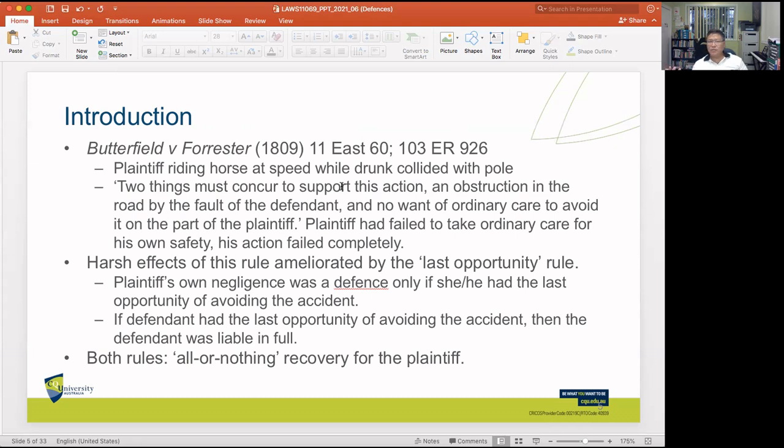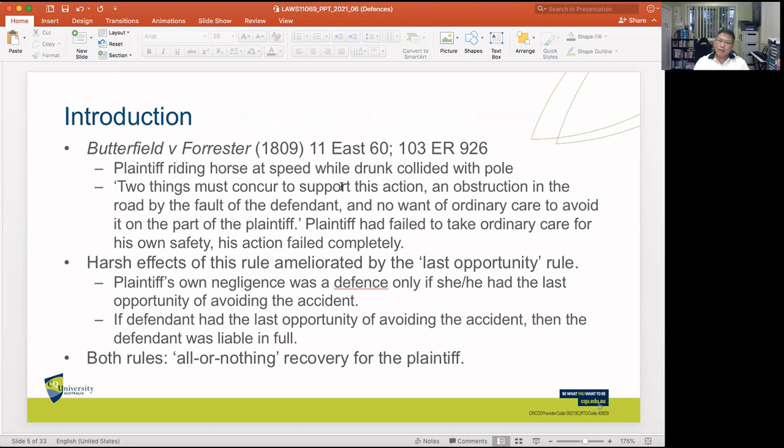So imagine a situation where you're walking along a footpath and there are obstructions from a construction that was undertaken, for example, by a local council. And the obstructions that the local council had placed could be considered to be dangerous and would likely lead to injury to anyone using that footpath.